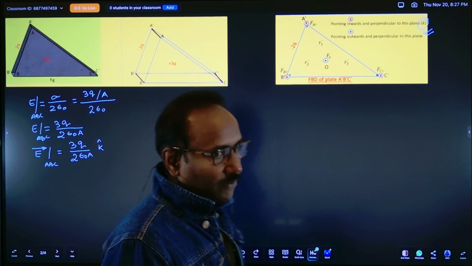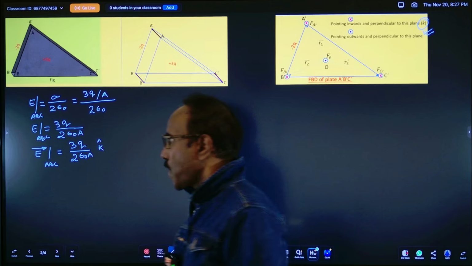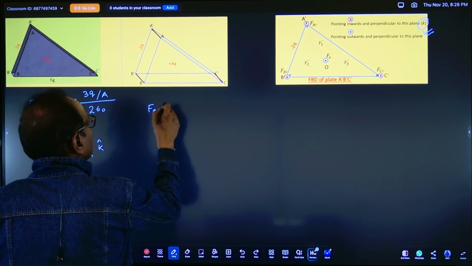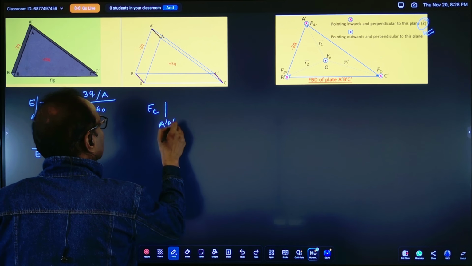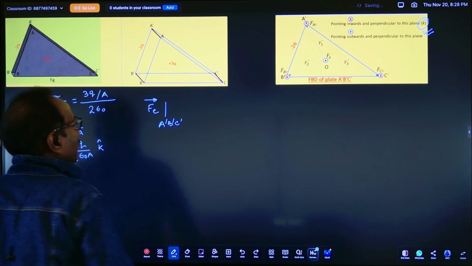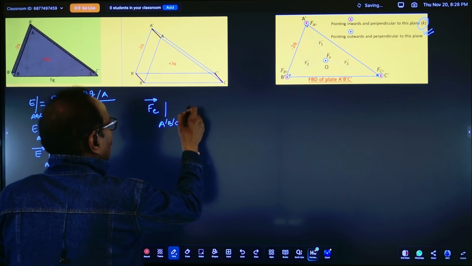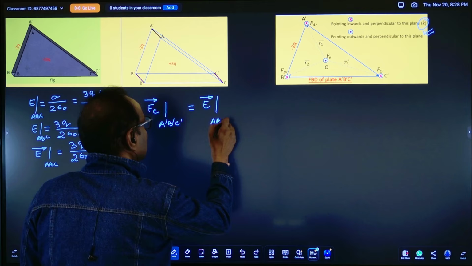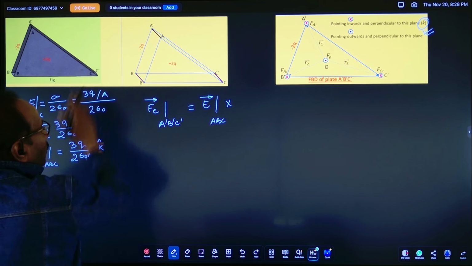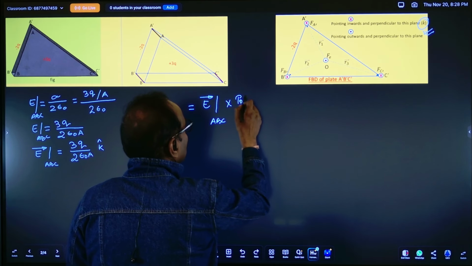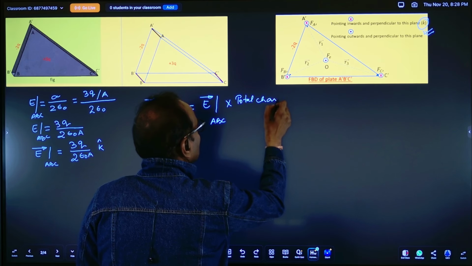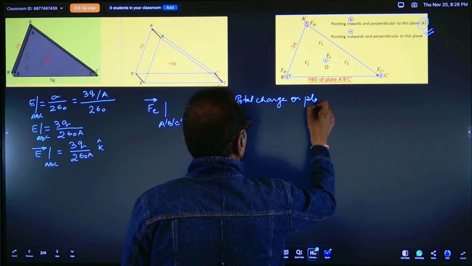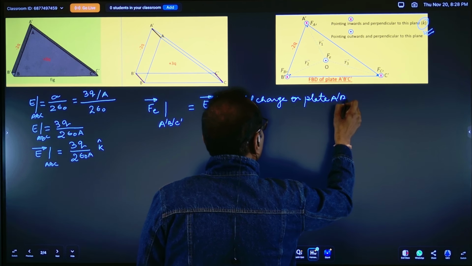So the electrostatic force, you know, on the plate A prime, B prime, C prime will be the electric field intensity due to the ABC plate times the total charge on plate A prime, B prime, C prime.